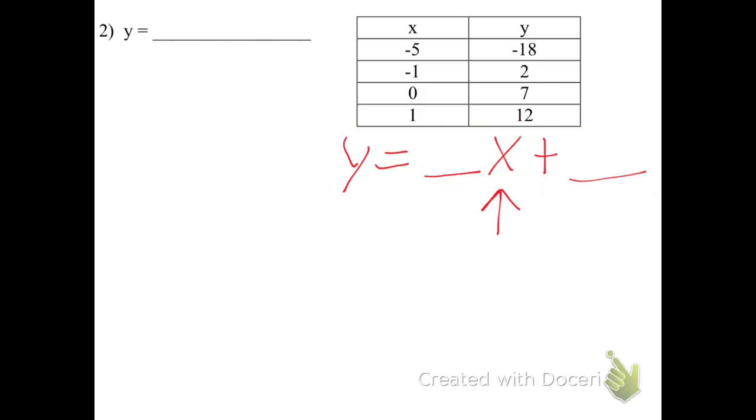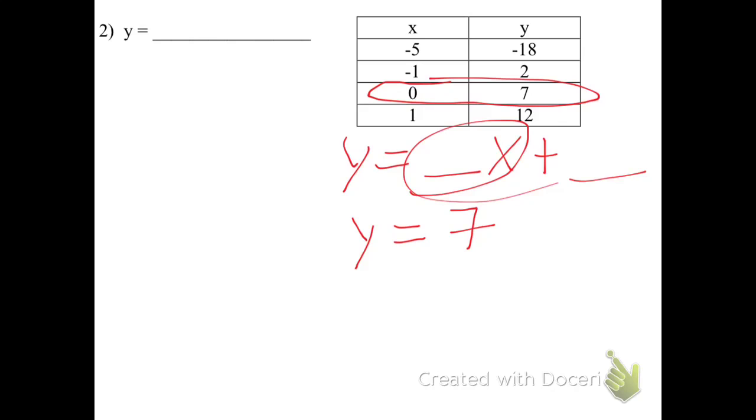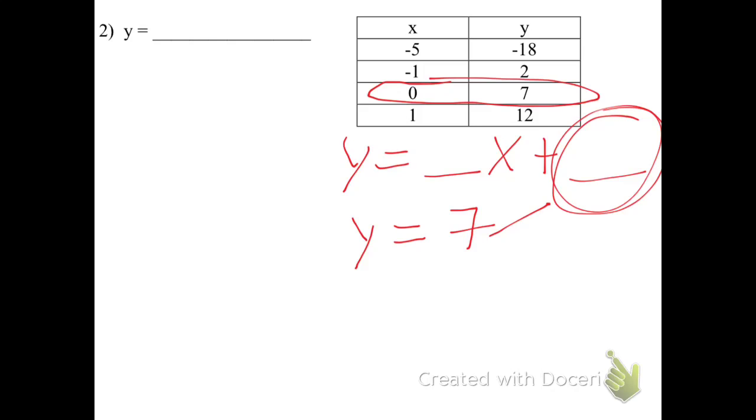Okay? Well, let's do that right now. If you look at the table, when you plug in 0 into your equation, you get out y equals 7. Well, if this part isn't in the equation right now, because we put in 0 for x, we must know that this part here on the right side is 7. Okay?